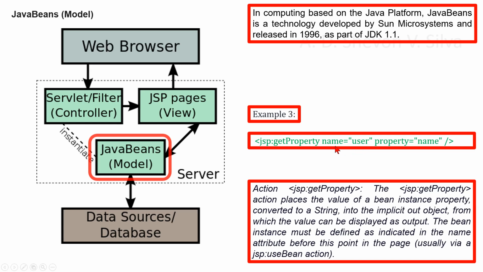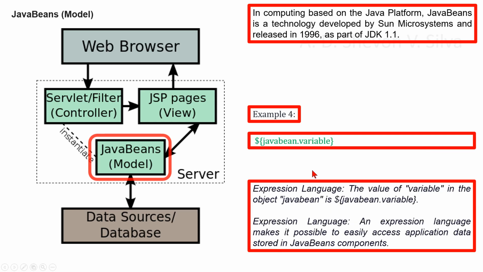Here you can see a name attribute, the object instance from which the property is obtained. Here you can see property attribute names, the property to get. Here as an example 4, you can see the expression language.